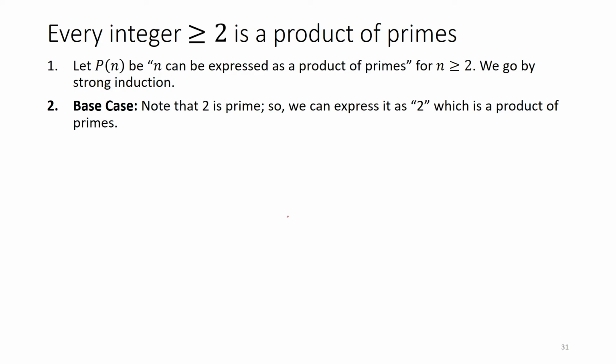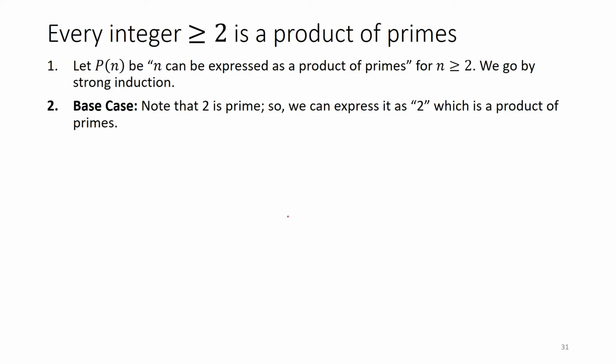So P of n says n can be expressed as a product of primes for the natural number n greater than or equal to 2. We can use strong induction for this. The base case is 2.